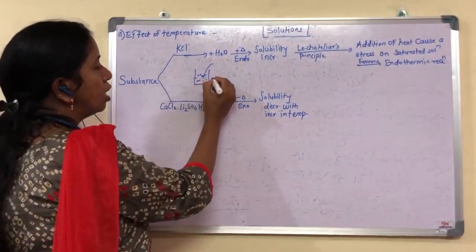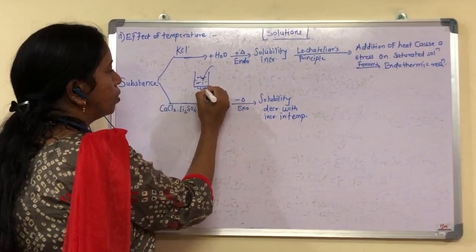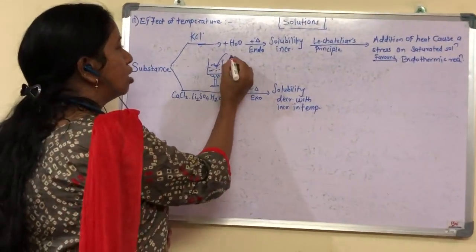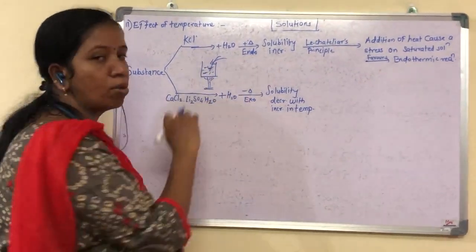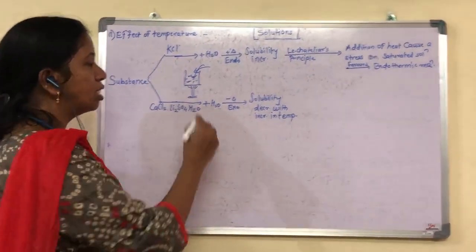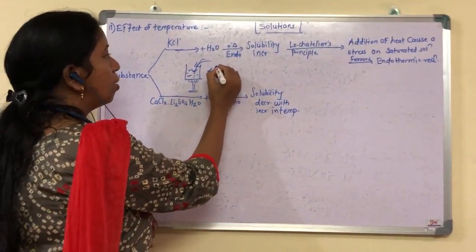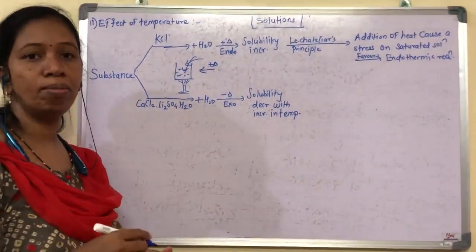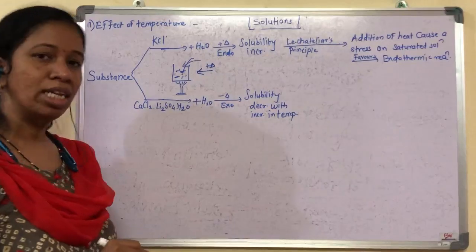Now, if we give heat to the solvent, then we can add more salt into it. It means that here heat is added, it is an endothermic process, and solubility increases. What is happening?